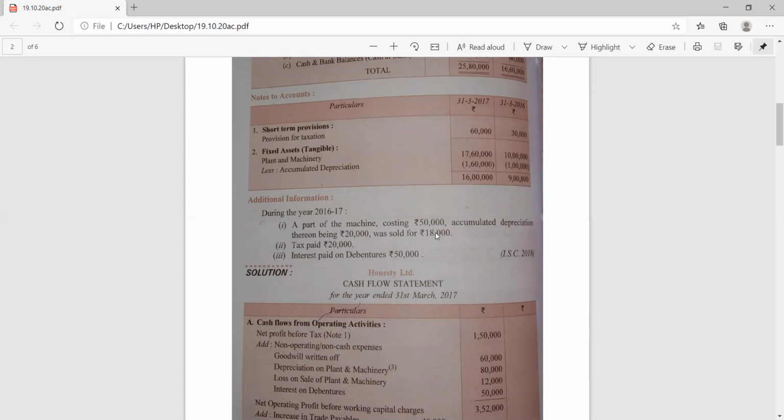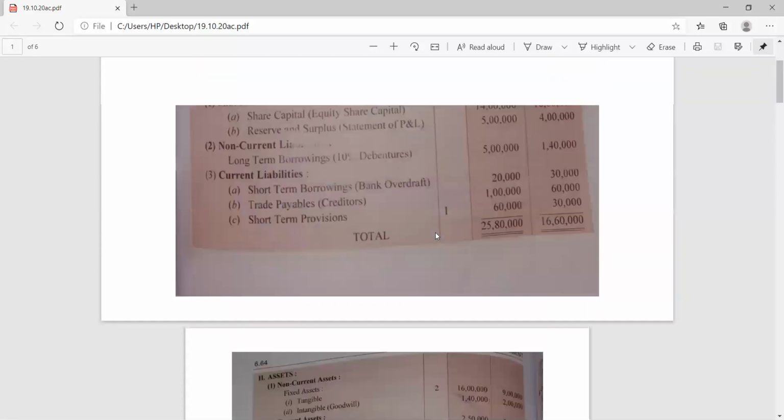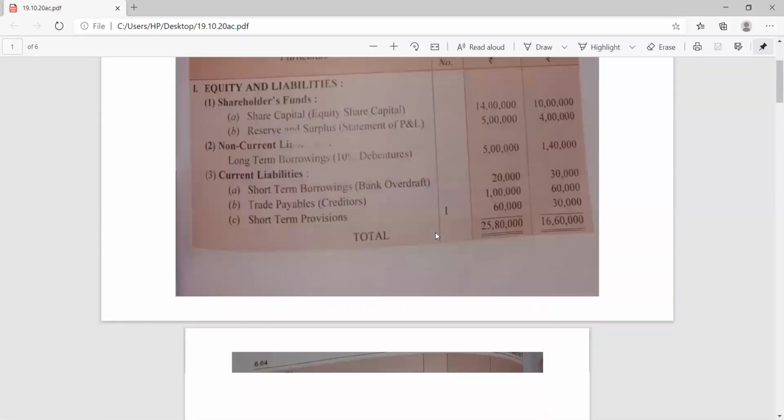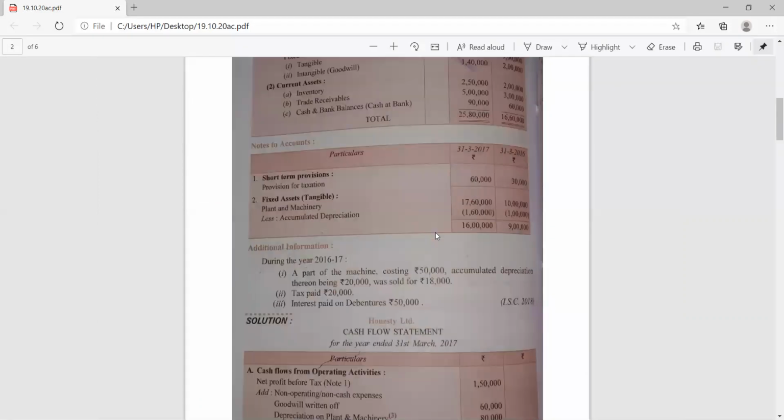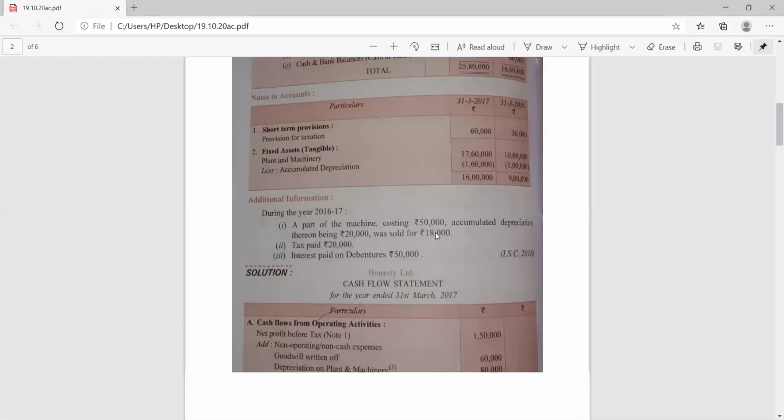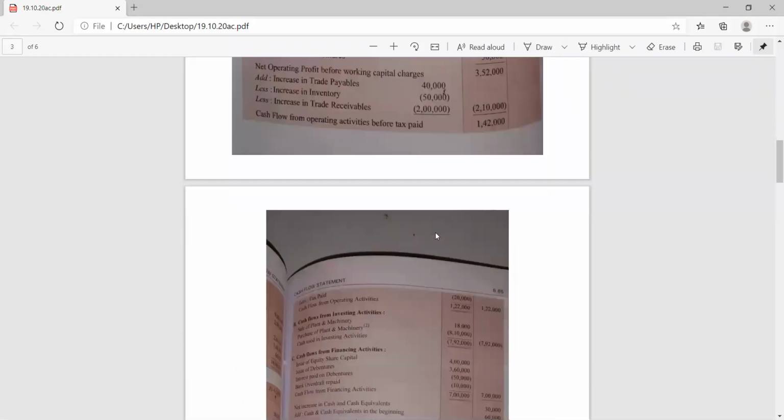Now, how to start the question? If you remember my first day lecture, I told you the cash flow statement always starts with net profit before tax. Now we have to search for the net profit before tax, where it is given in the question. See, out of the statements you have to calculate the net profit, and we need the net profit before tax.